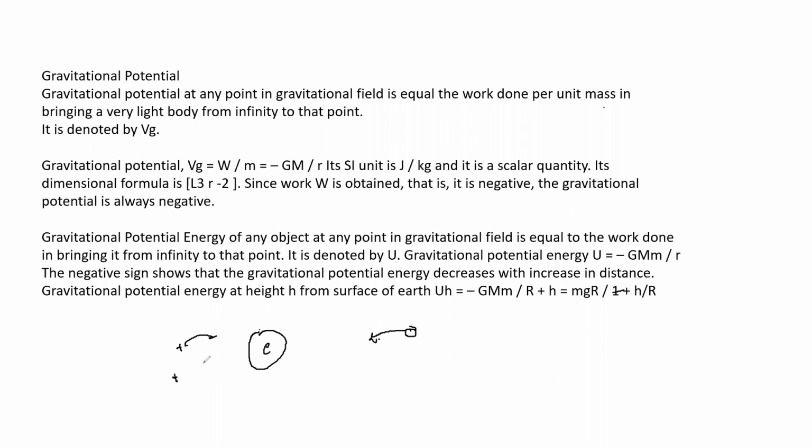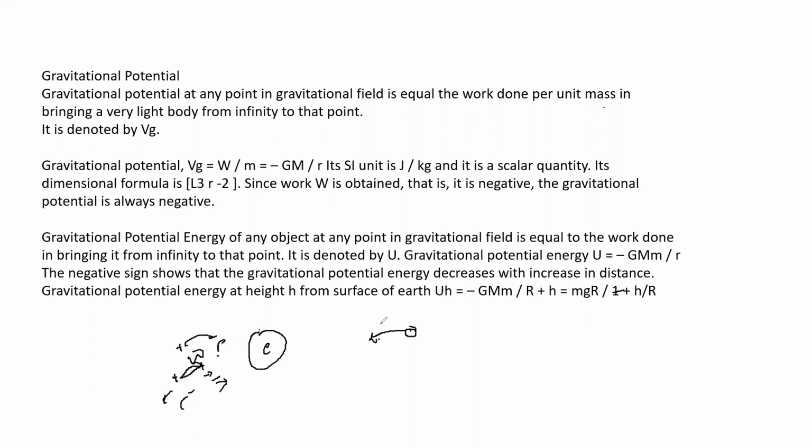If you take two positive charges, or two negative charges, they will start repelling each other. To bring these two charges close to each other, you need to do some extra work.